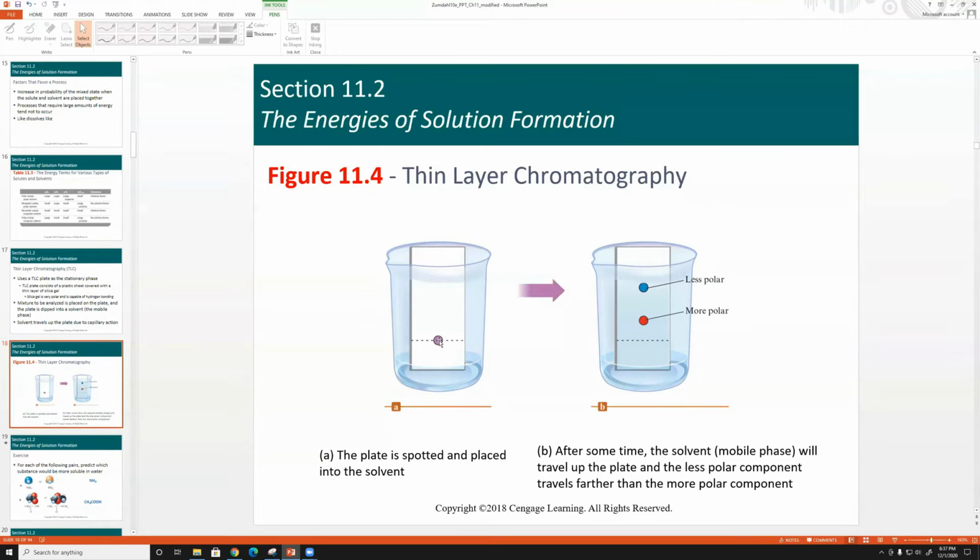It'll just ride up. Once the solvent goes up, it will bring the individual components in the mixture of the dot, because this dot comes from a solution. So you take a mixture and you physically dot some of the liquid on the plate, and you'll see once the solvent rides up, the different components of the solution will separate based on their polarity.